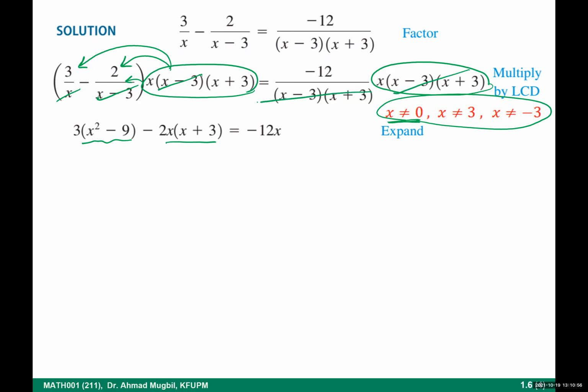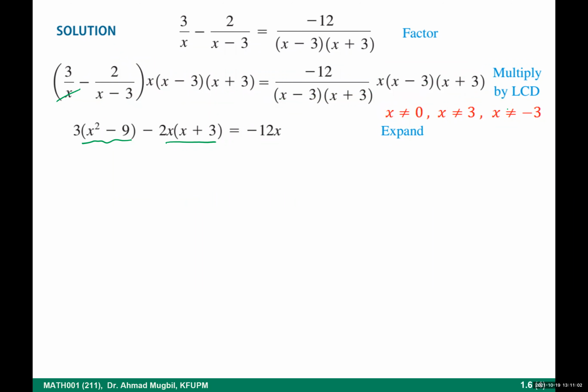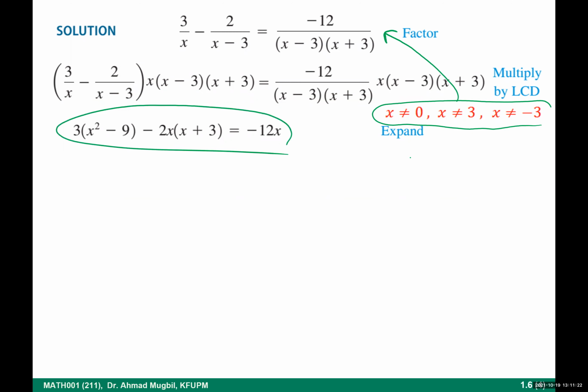Here, this will be cancelled with this, and you will have negative 12. Of course, this cancellation is valid because x is not 0, not 3, not negative 3. And we are not putting these conditions just to make the solution true. No, in fact, from the beginning x cannot be 0, cannot be 3, cannot be negative 3. Now we don't have any denominators. It is so easy now. Simplify and expand the left hand side.